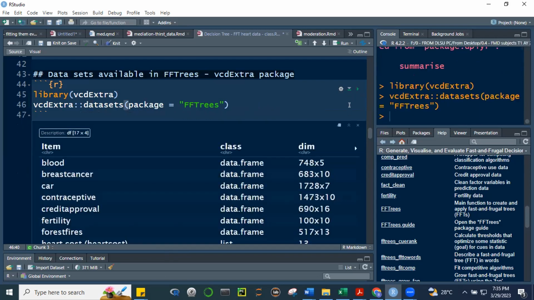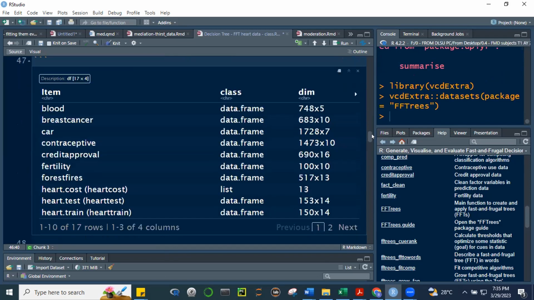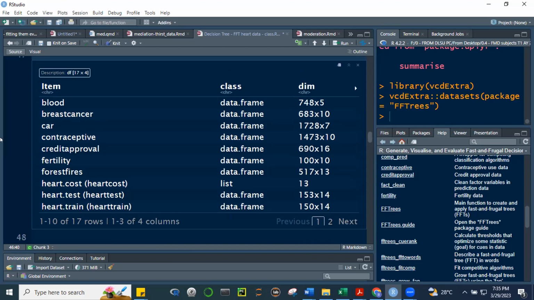Run natin to. All right. So ito yung mga data sets that come with FFTrees. Okay, so we have here blood, more on medical, ano? May credit approval then, 16 variables.